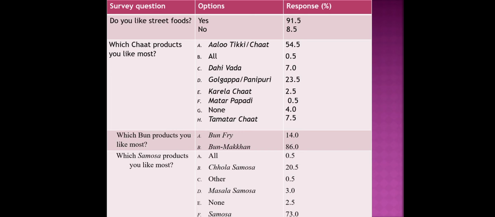In samosa products, because samosa is the singular entity and the main product, respondents liked samosa 73%, but chole samosa, masala samosa, and all types of samosas were liked. So samosa products were the most popular among the street foods.